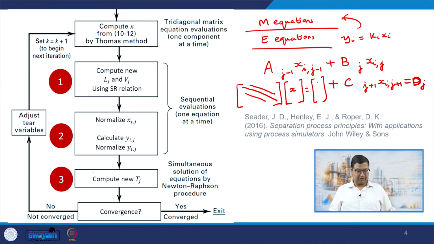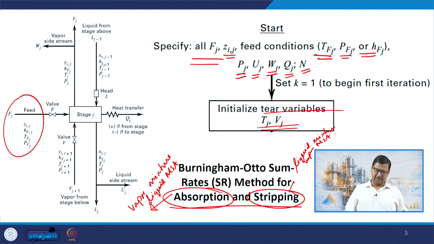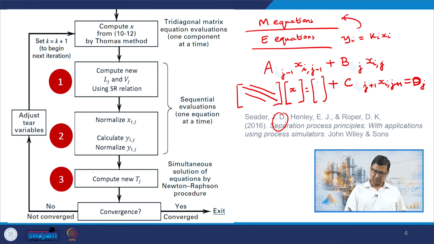So we can use the Thomas method that we have discussed for solving the tridiagonal system, and therefore once we have guessed the temperature and the molar flow rate of the vapor, we can use this equation to put it in there.